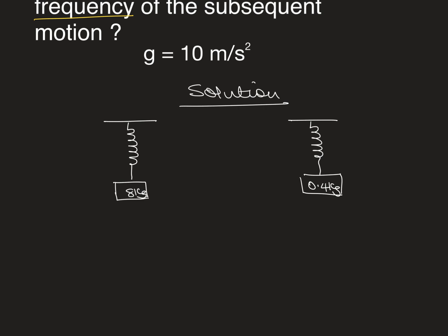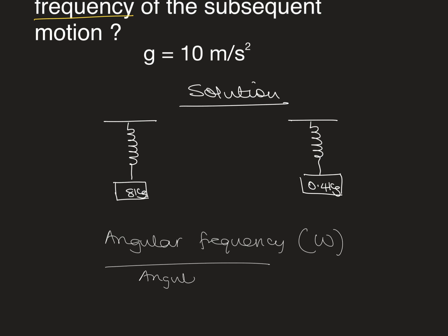Remember, angular frequency is represented with the symbol omega. It can also be called angular speed or angular velocity.